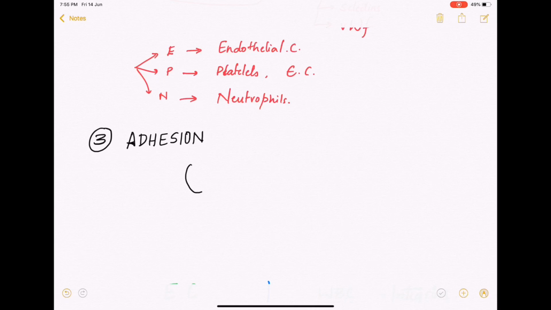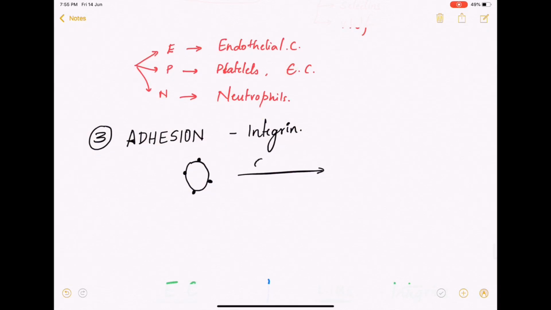On the WBCs, we normally have molecules called integrins. Adhesion is mainly mediated by integrins. These integrins are present in low affinity form on the WBCs. On the effect of cytokines, these molecules get clustered together in order to form a high affinity unit.